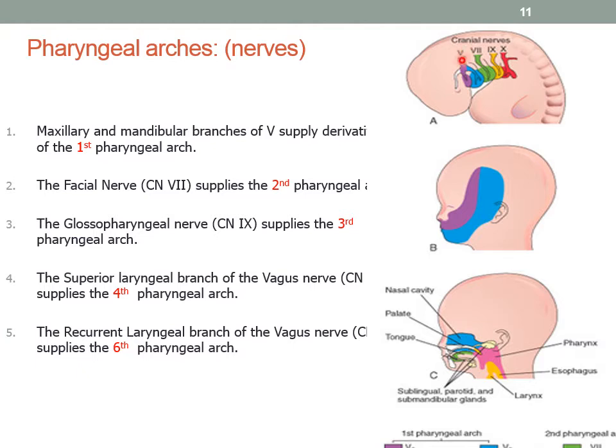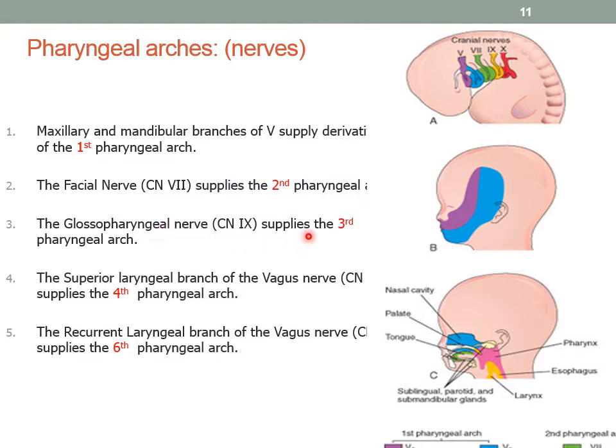The maxillary and the mandibular branches supply the derivatives of the first arch. The second arch is supplied by the facial nerve, cranial nerve 7, as you see in image A.